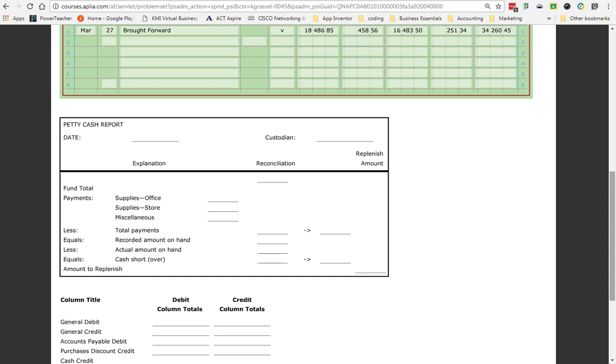When he gets back to work, he brings in the paper, he writes on the receipt that it was supplies office, and he puts the receipt and the change back in the petty cash box. That happens every time someone uses the petty cash. They put the receipt and the change back in the box.